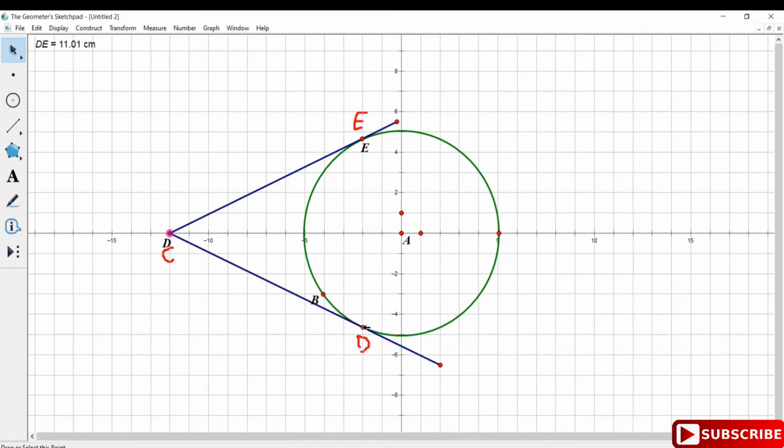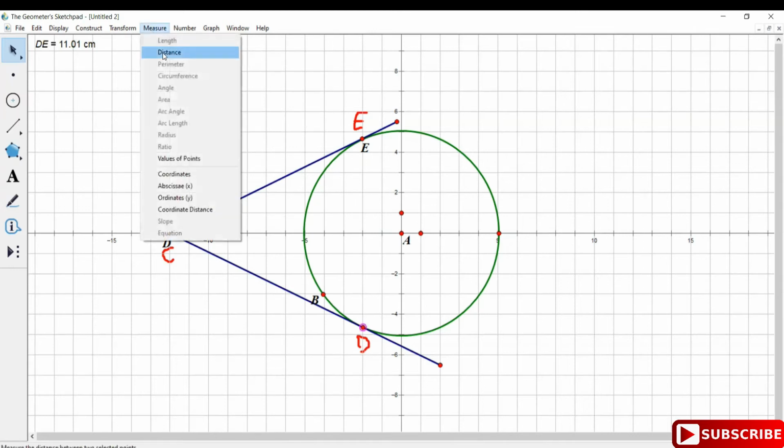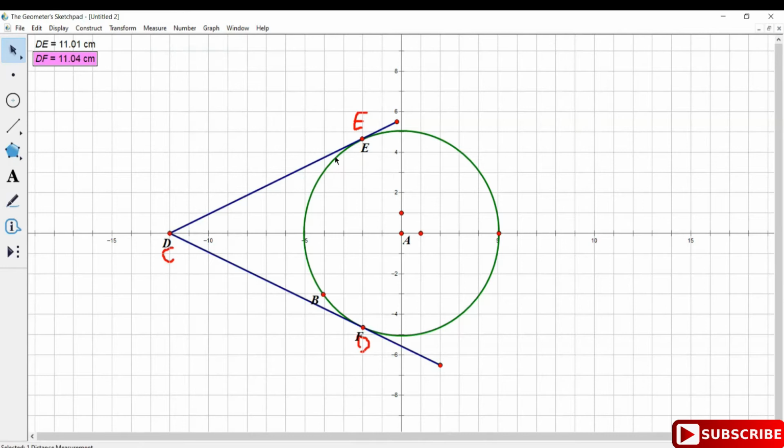I might not get 11 flat, but I'm going to get about 11. The reason is that two tangents drawn from a single external point are equal in length. I don't get them exactly equal because my tangents are not 100% perfect. That's all that rule is saying for circle theory.